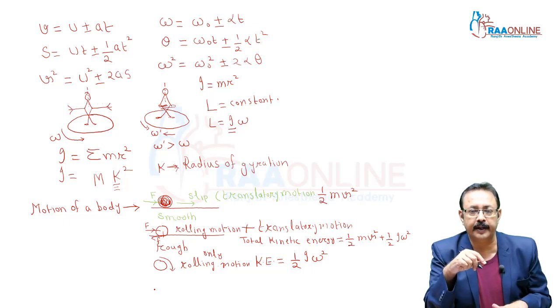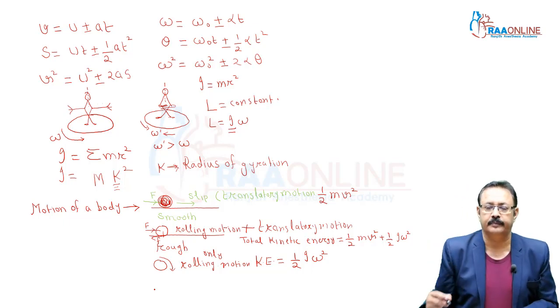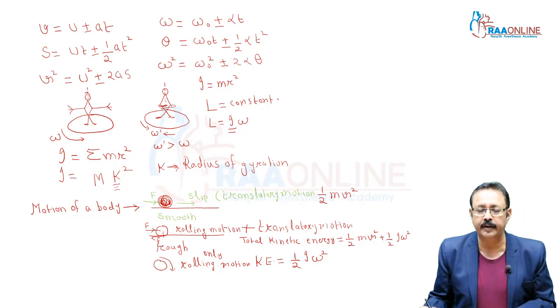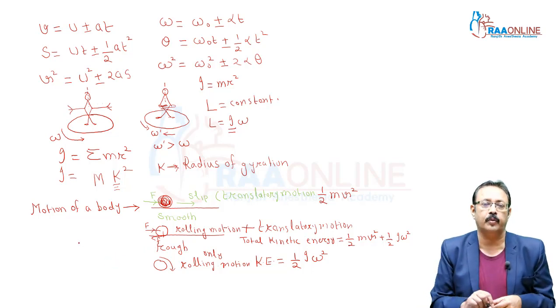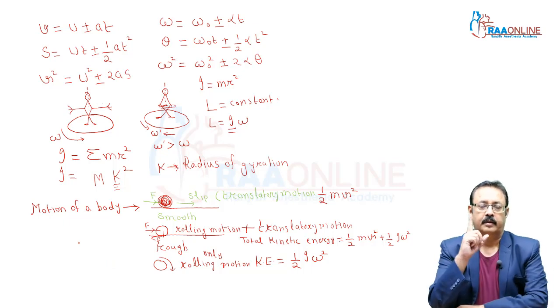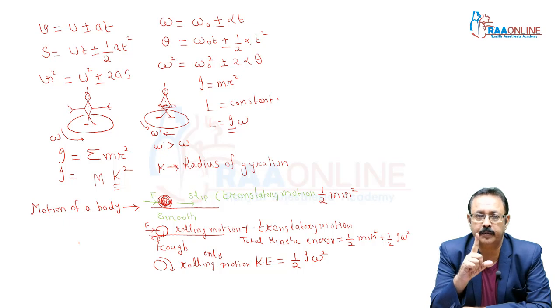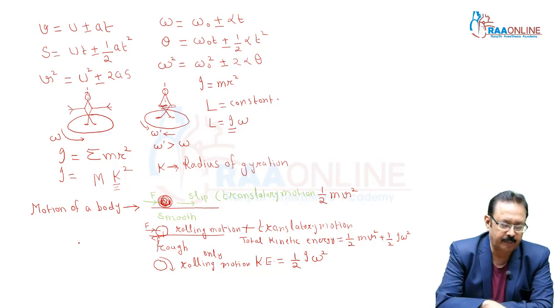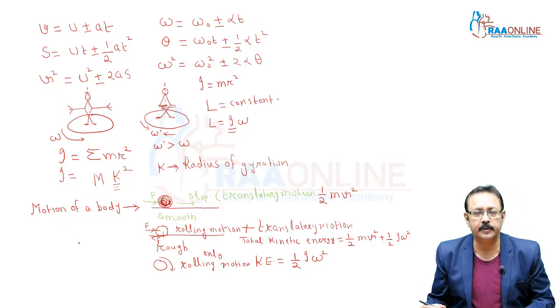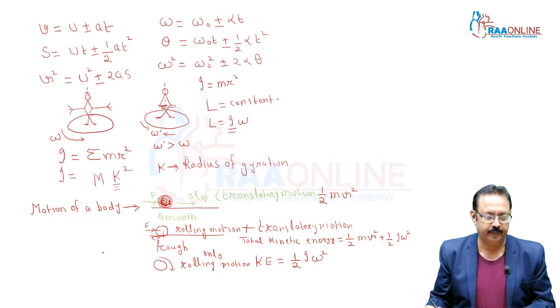So don't get negative marking at that point. So it is the point, motion of a body. It can be translatory only, it can be rotational plus translatory, it can be only rolling. Rolling and translatory both are possible only and only if friction is present there. Getting my point? Rolling is possible due to friction.